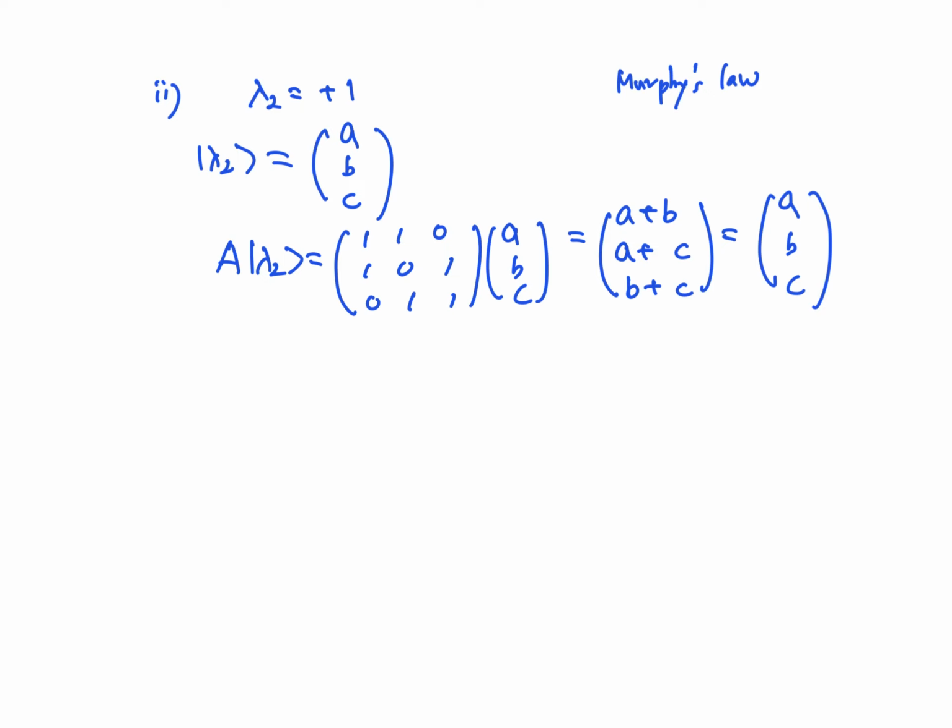So A plus B is equal to A, means B is equal to 0, right? A plus C is equal to B, B plus C is equal to C, B is equal to 0 again. C is going to be minus A, right?